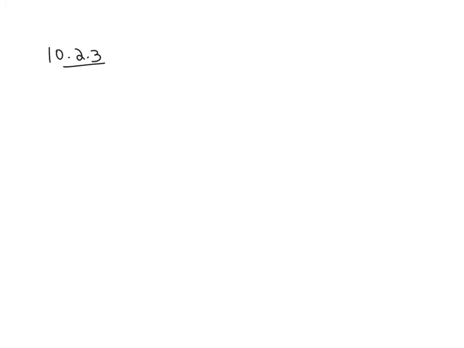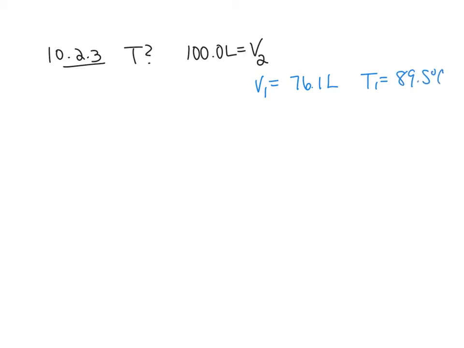At what temperature will a gas occupy 100 liters? So we're talking a volume. So that's a V2, because it originally occupies, so we're looking at V1 must occupy 76.1 liters, and T1 temperature is 89.5 degrees Celsius.